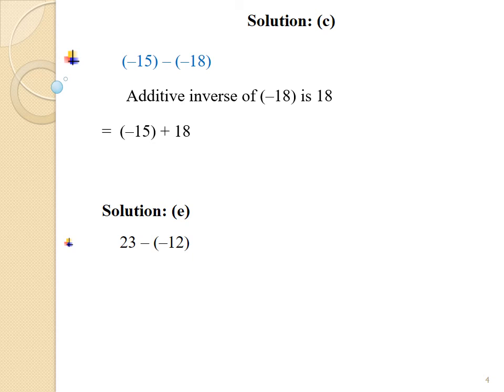Thus, subtracting 15 from 18 as a whole number, we get 3. Students, we get the answer as positive since positive integer 18 is greater than negative integer 15. Thus, minus 15 minus 18 is 3.